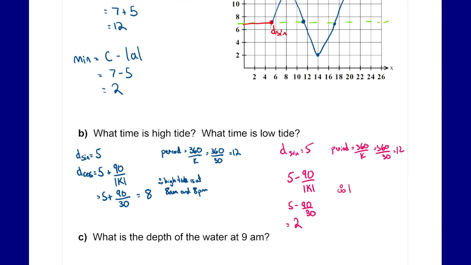Therefore, low tide is at 2 a.m., or you could think of 1400 hours, 2 p.m. Different ways to think about it, but if we're looking for key points like the zero, the max, or the min, they occur every quarter.